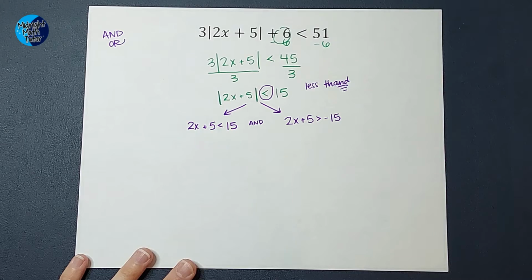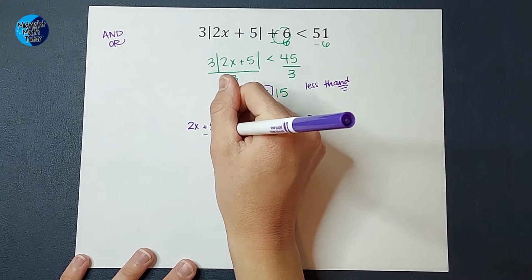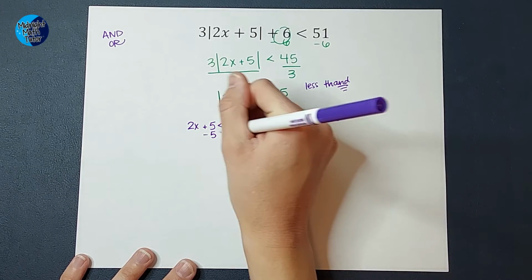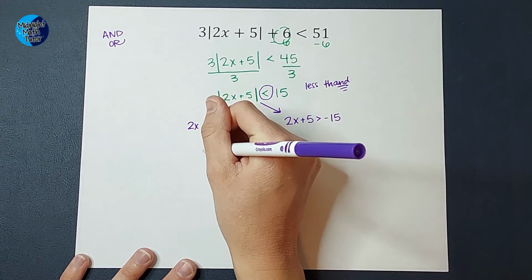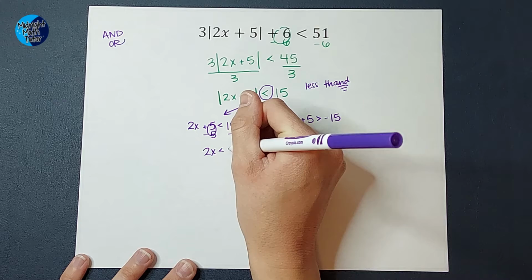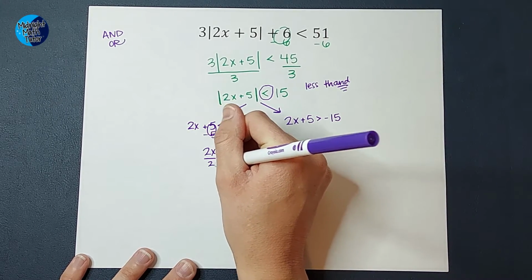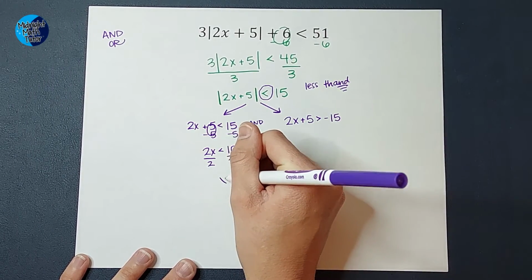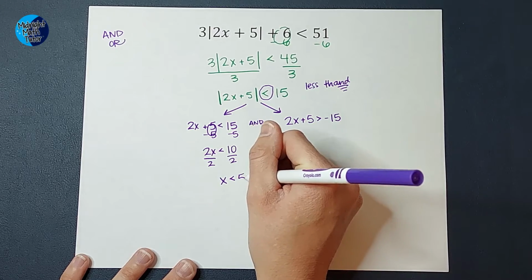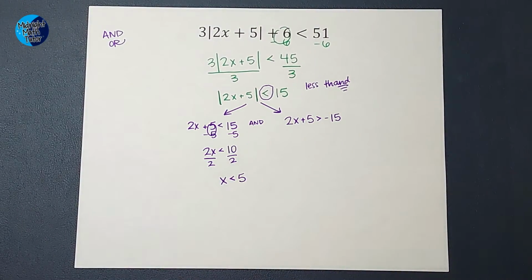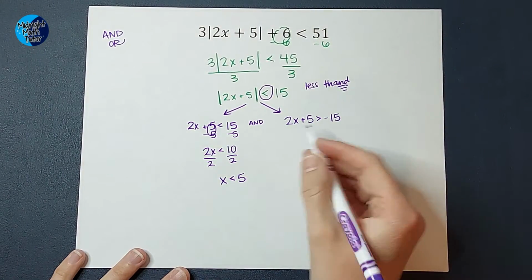All right, but now my goal is just to get my x's alone, okay? So I'm going to subtract 5 from both sides over here, and I end up with 2x is less than 10, and then I'm going to divide off that 2 and get x is less than 5, okay? That is one of my answers, but we also have this one.